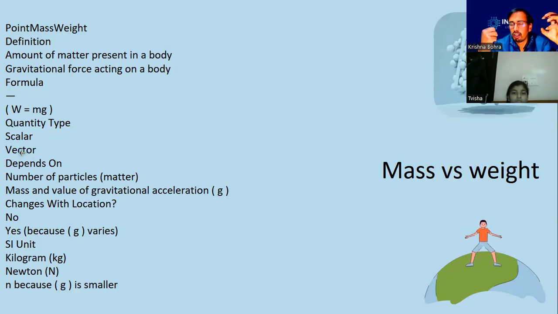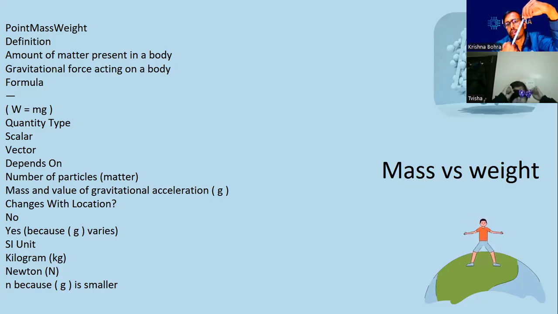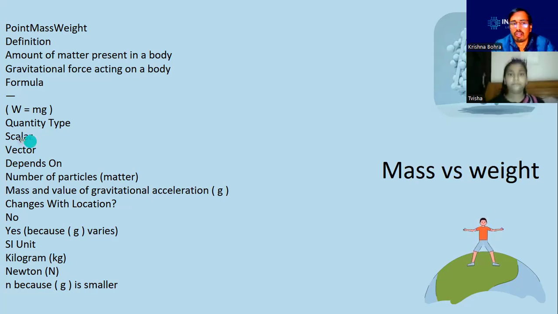Or we can again understand that if this is the earth and this is a person above the earth, the earth will pull that person towards the center of the earth. So this becomes the direction of that particular gravitation. So that's it, vector and scalar quantity.